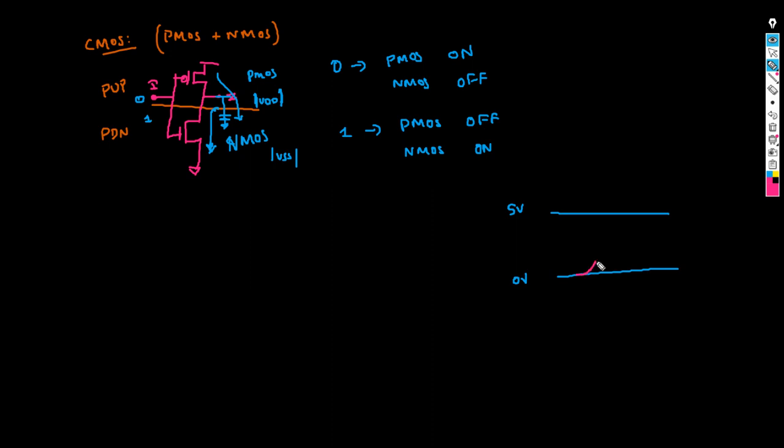When you give input 0, your output is 1. When you give 1, the output becomes 0. Do you see the waveform going full swing? That is the advantage of using CMOS.